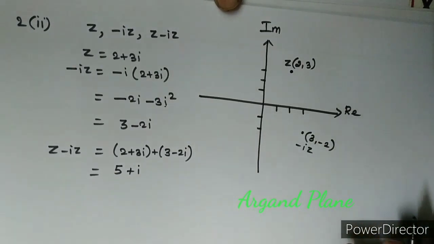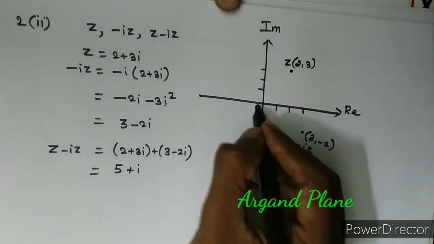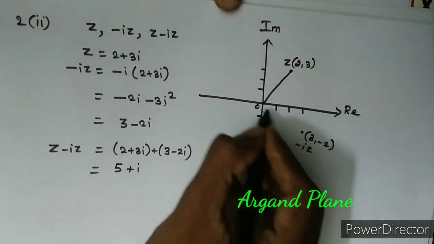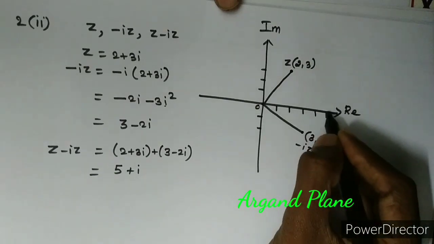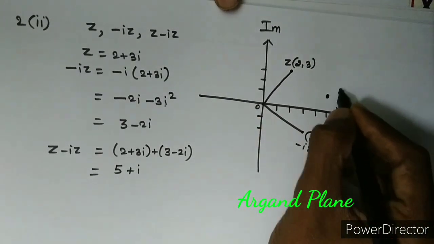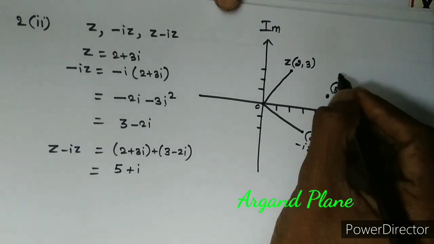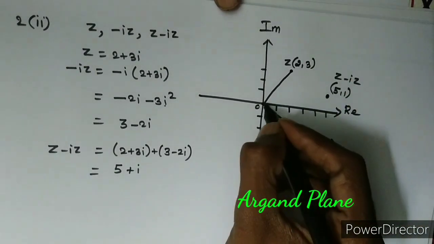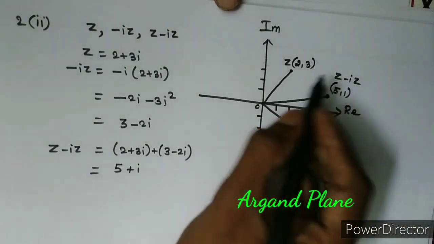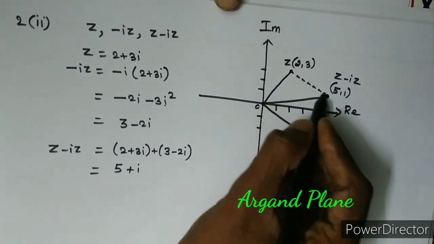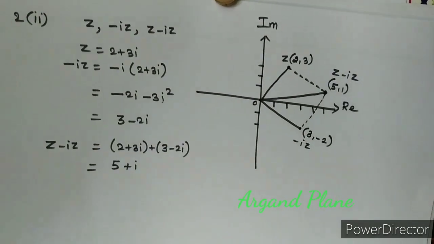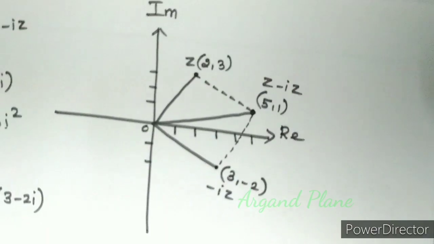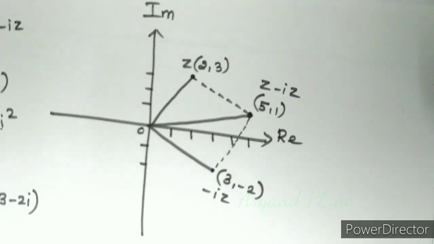The third number, z minus iz, is (5, 1), in the first quadrant. Join the origin to z and to minus iz, and join the origin to z minus iz. It's just rough work. Join z to z minus iz, then minus iz.